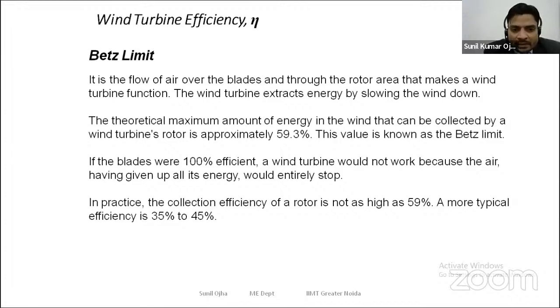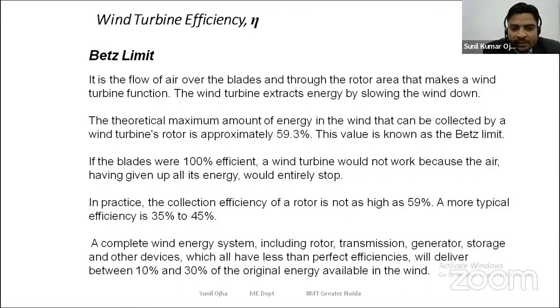In practice, the collection efficiency of the rotor is not as high as 59%. The maximum theoretical efficiency is 59%, but in practical work the efficiency is much below that. More typically, the practical energy efficiency is around 35 to 45%.